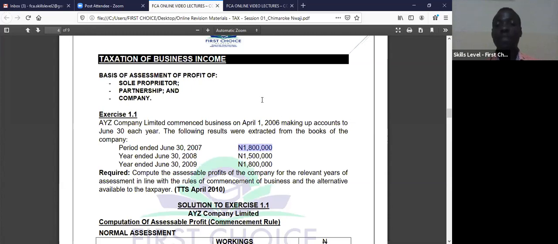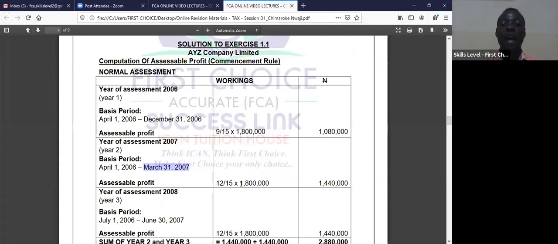So we are taking the first 12 months. So it is 12 out of 15 multiplied by this same figure. So you have your answer here, 1,440,000. Now that's your year 2 figure.